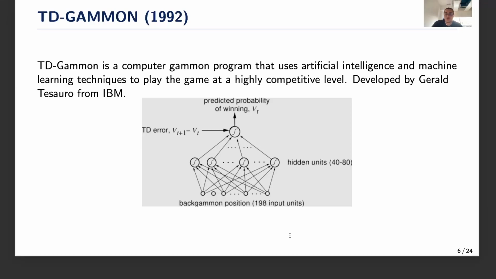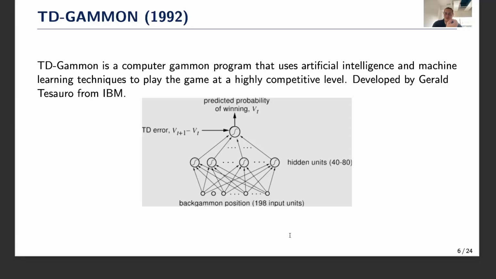Unlike traditional game AIs of the time, which used handcrafted rules and search trees, TD-Gammon learned how to play purely by self-play, so playing games against itself and improving based on the outcomes. This idea is important: TD-Gammon didn't know how to play this game, it just learned it by itself. The key ingredient was using temporal difference learning.